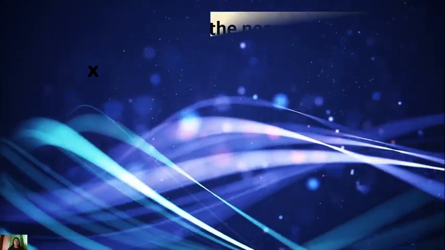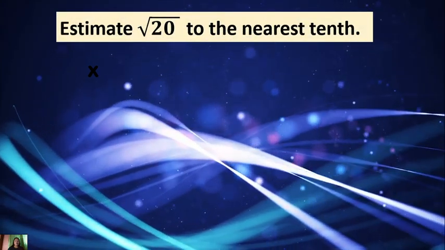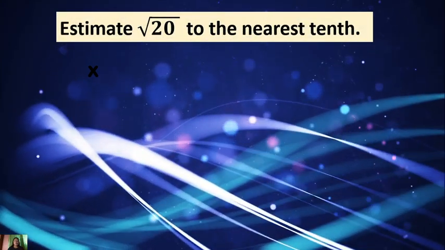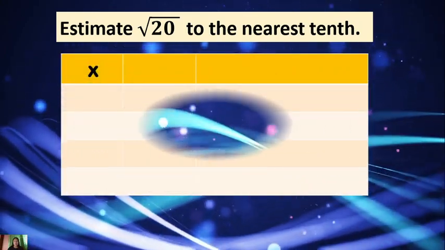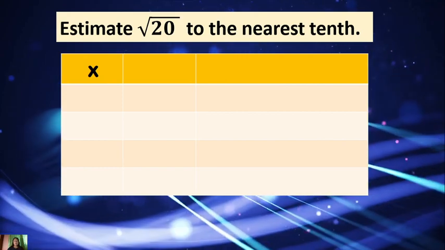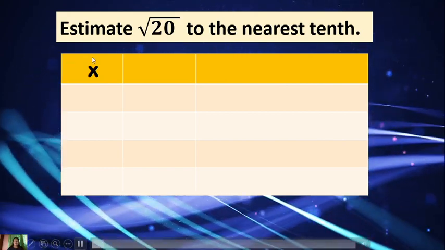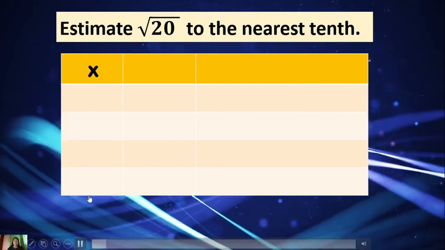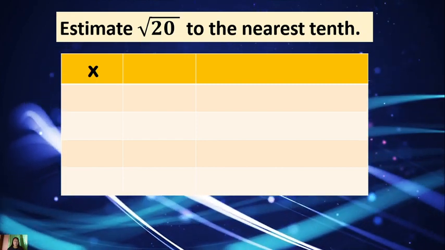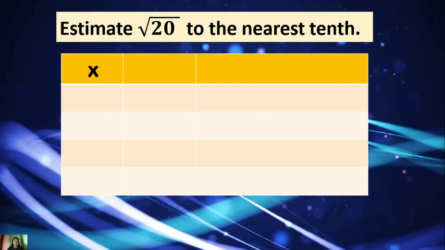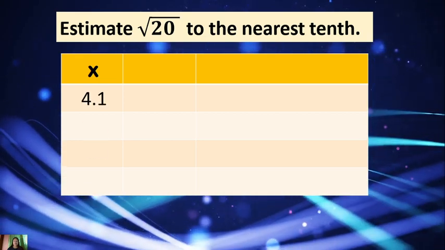Therefore, in order to estimate the square root of 20 to the nearest 10, let's have a table. Let's have the first column, which is the value of x. Take note that in x, we have 4.1.